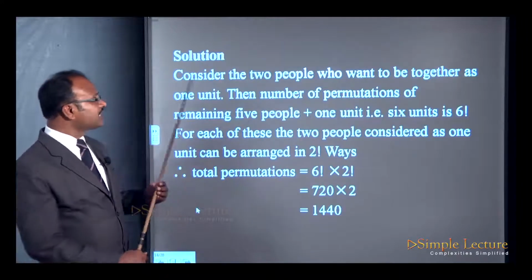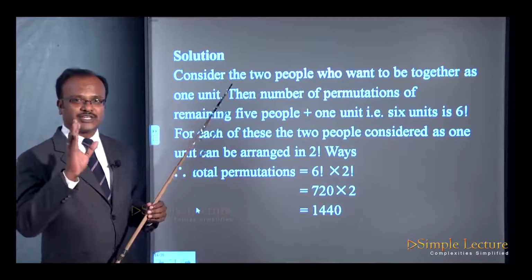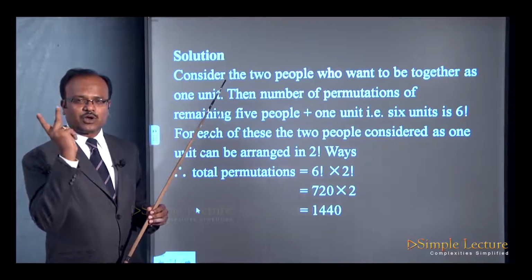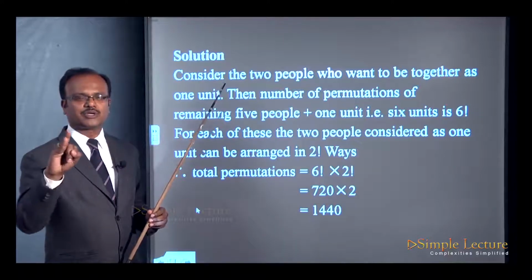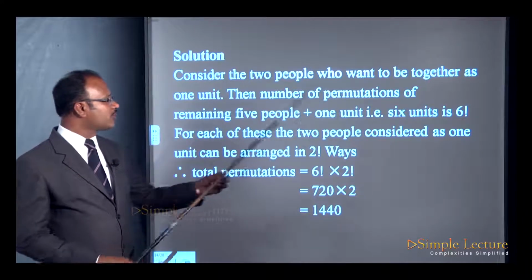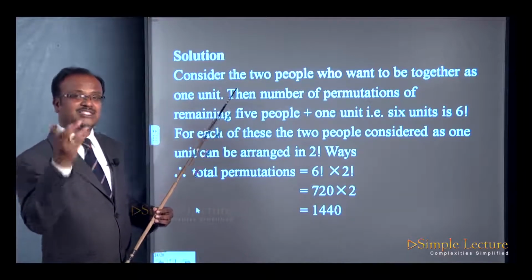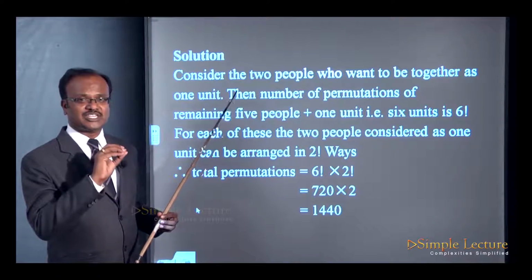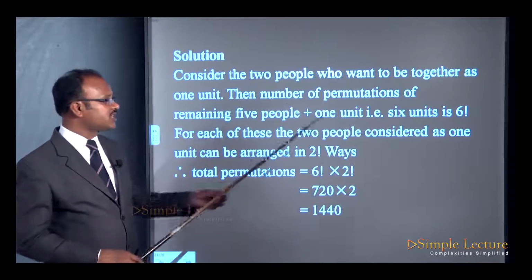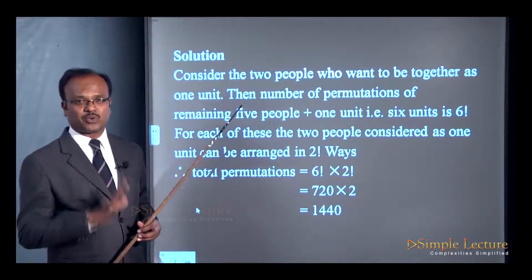So, consider the 2 people who want to be together as one unit. That is, F and G would always like to be together. So, make them one unit, take them out. Then the number of permutations of the remaining 5 people plus this 1 unit. So, 5 people plus 1 unit, that is 6 units, is how much? 6 factorial.